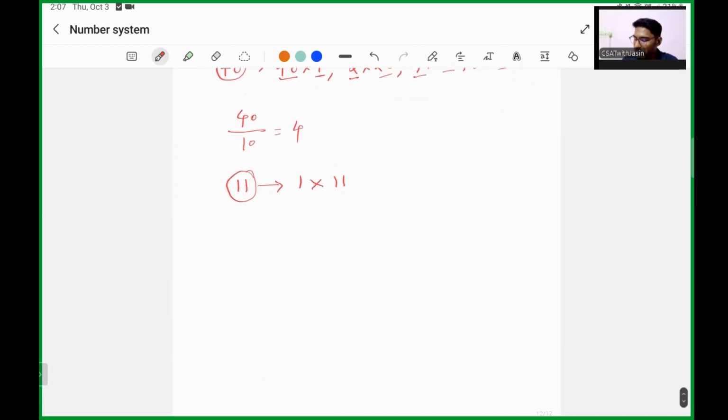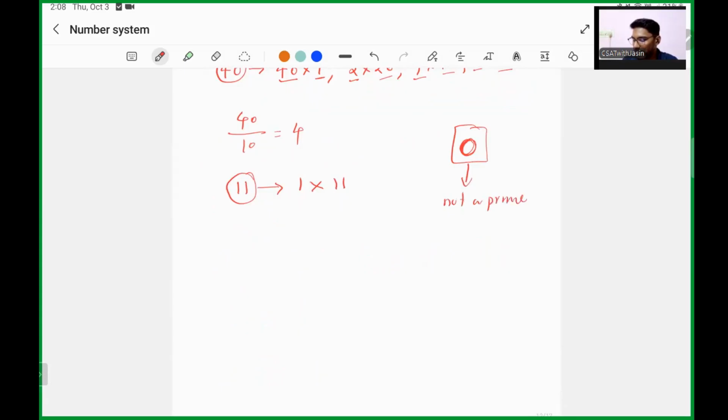Now, what about 0? 0 is not a prime number and not a composite number. What about 1?